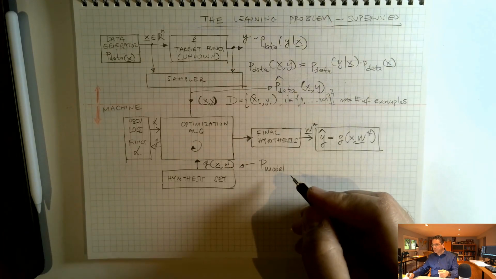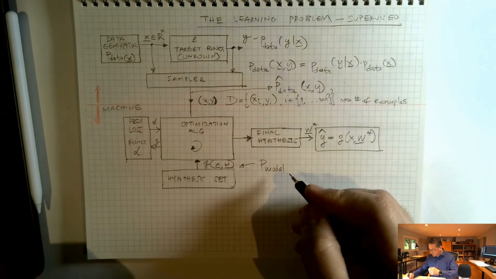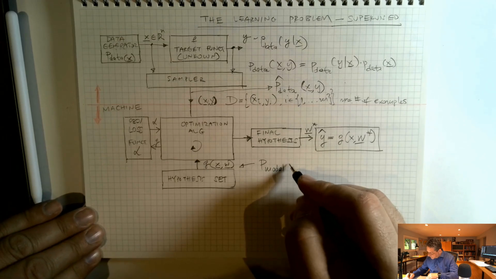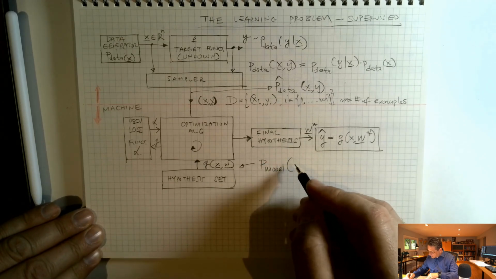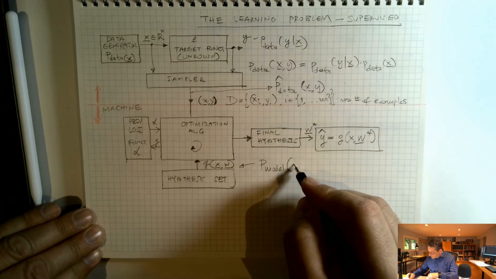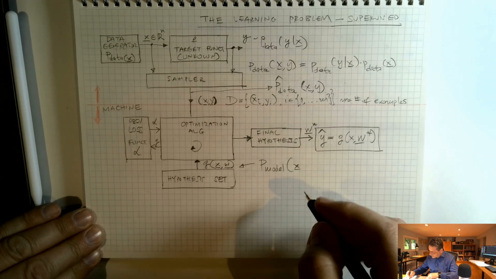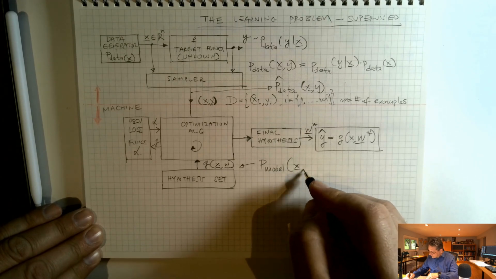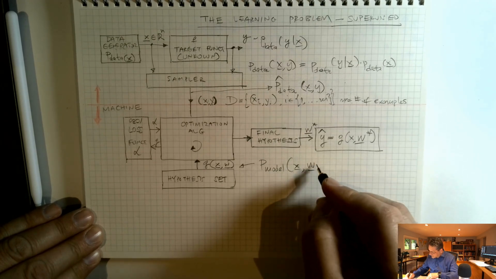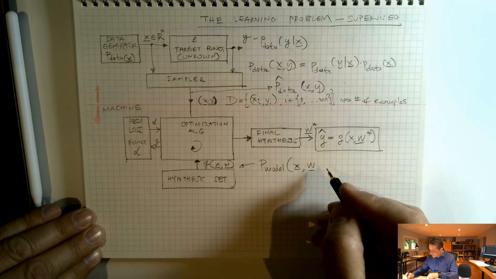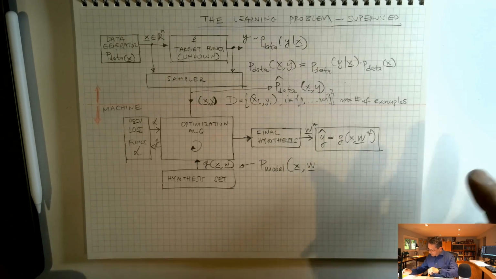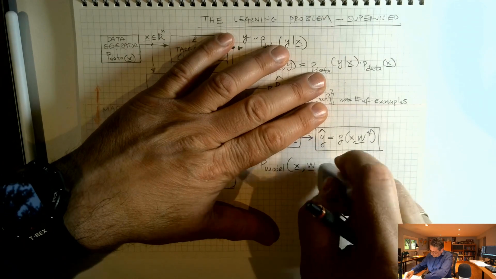So our hypothesis will be probabilistic in nature, so it will be p-model, and this p-model will be a function of x and will have a set of parameters w. In fact, it's going to be conditional.